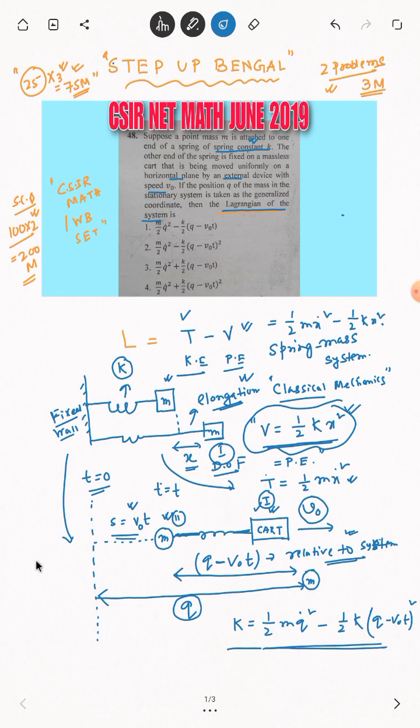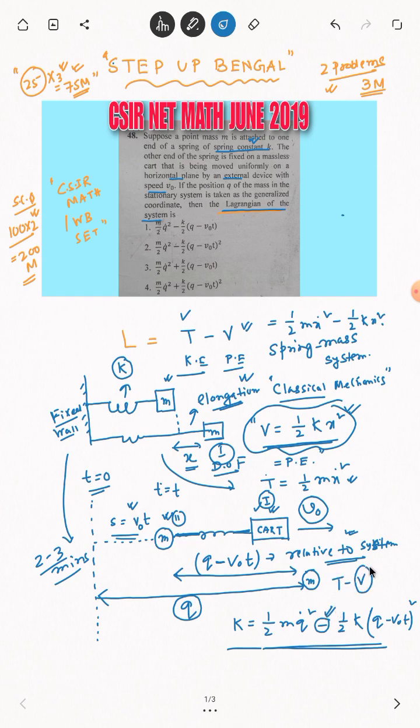Now we have seen that within say 2 to 3 minutes we have done this problem. Now take a look at the options, which one is going to be correct. If someone is not very familiar with all the details and configuration, he or she can still easily solve this problem, because the potential energy in the horizontal direction should be here t minus v format.